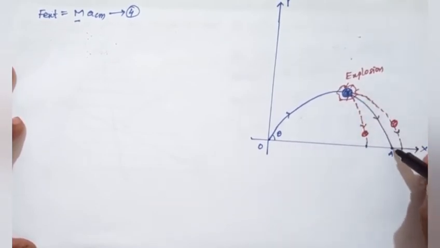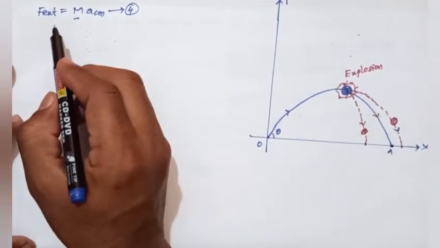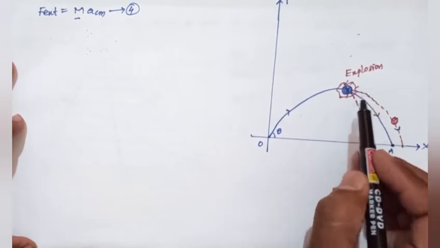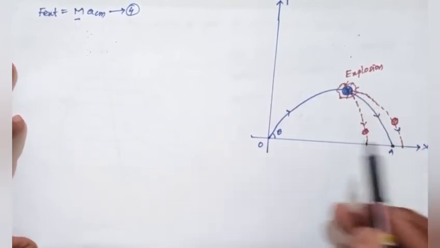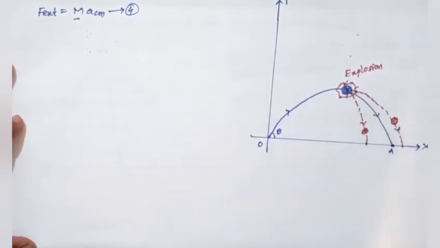It moves in the same direction. That means there is no external force on the bomb, and the center of mass cannot change. I think you have understood. Thank you.